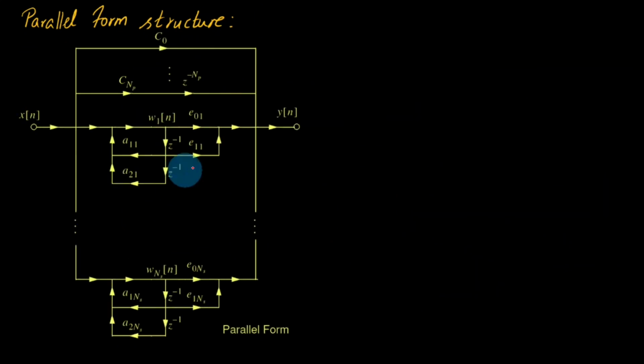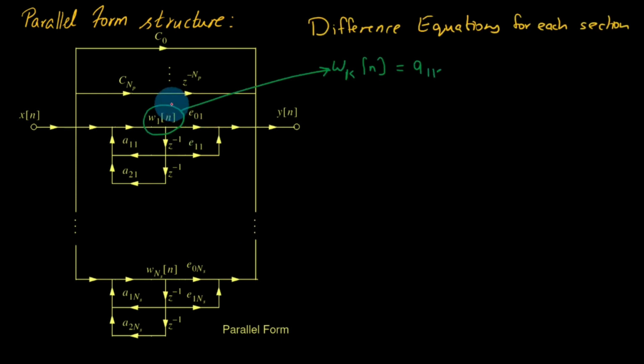To discuss further, let us consider one more example here, and this is a parallel form. We are to write the difference equations for this parallel form, and for that we would start with this w1 of n. We are taking a more generic case, so rather than 1 we consider wk of n. In this wk of n, we observe that we have an input coming from x of n, so this x of n is appearing over here.